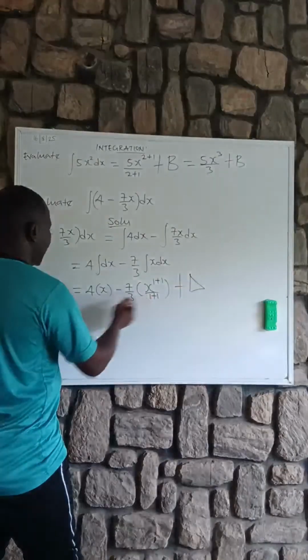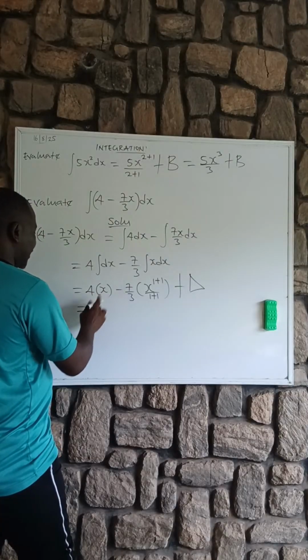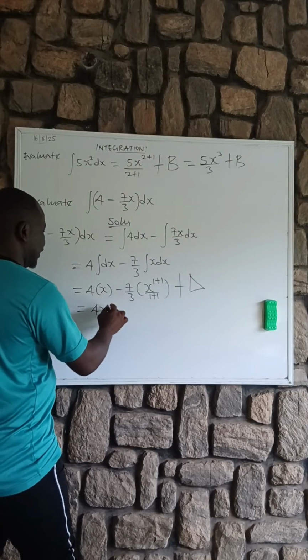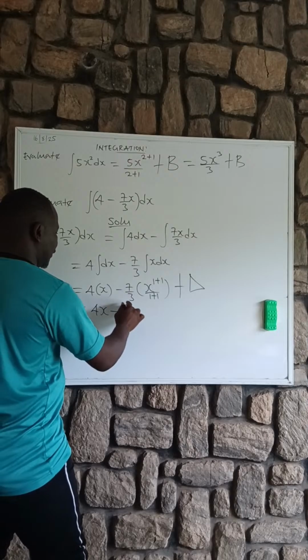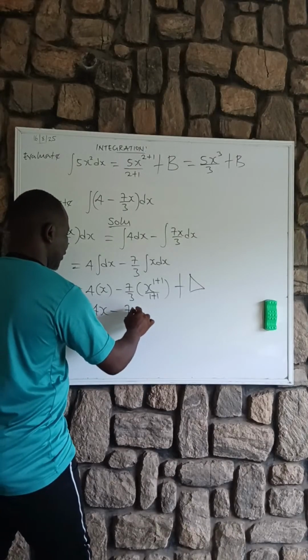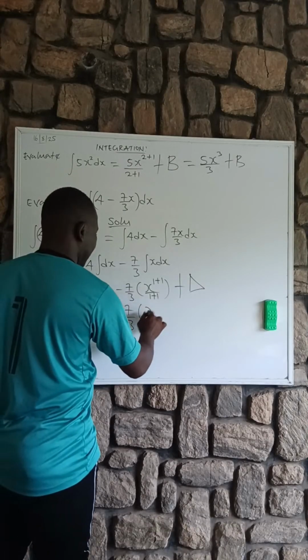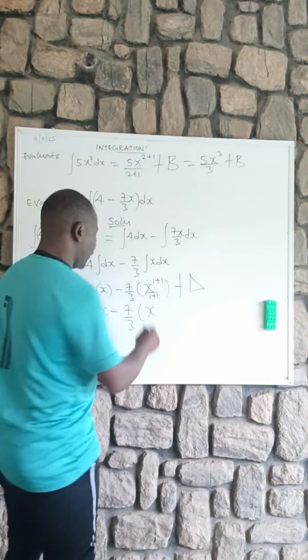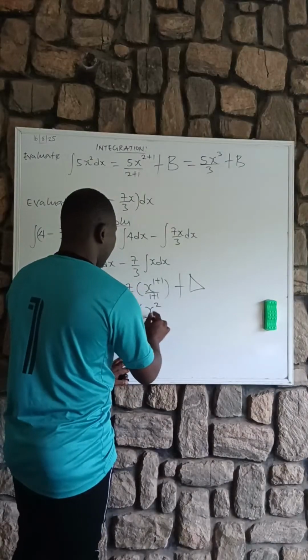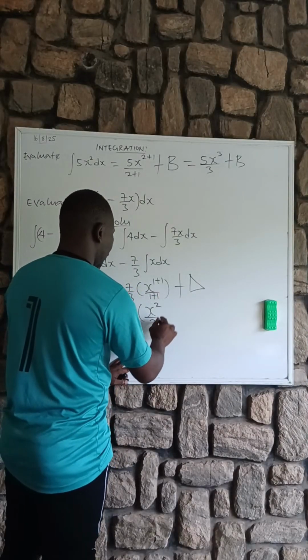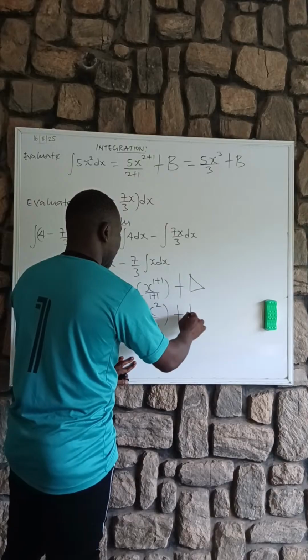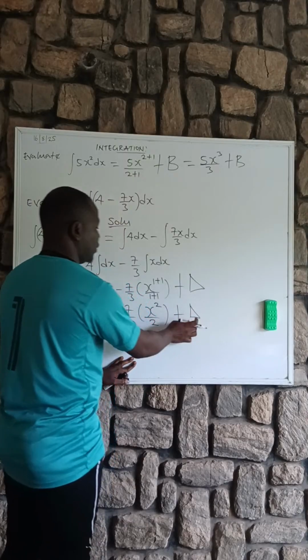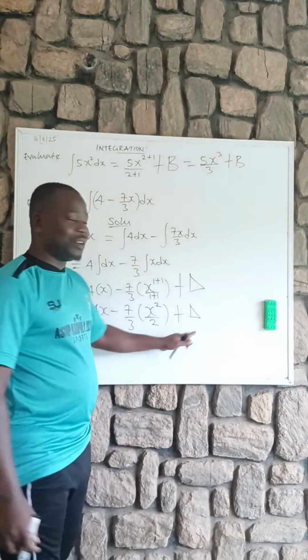So 4 times x is 4x, minus 7 all over 3 times x raised to the power of 1 plus 1, which is 2, so x squared, all over 1 plus 1, which is 2. Then plus the constant. If you don't put the constant, you are wrong.